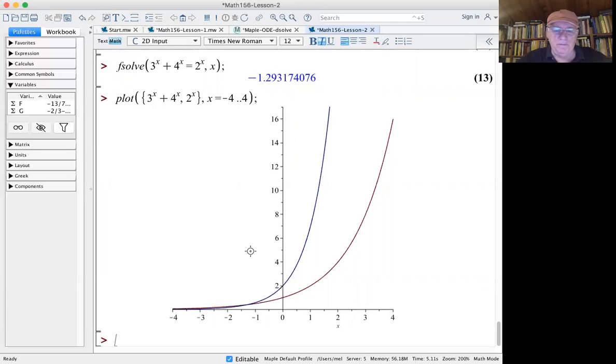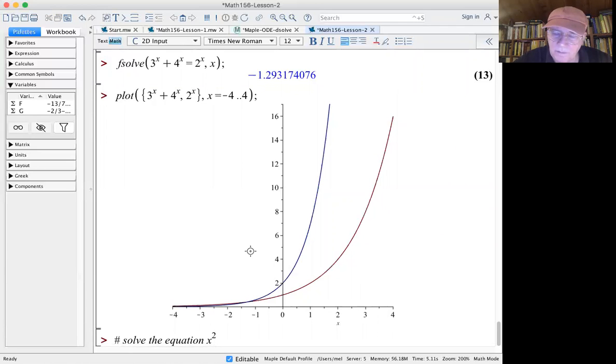Suppose we had the following problem. Solve the equation x squared plus 7x equals n for all n from 1 to 10.